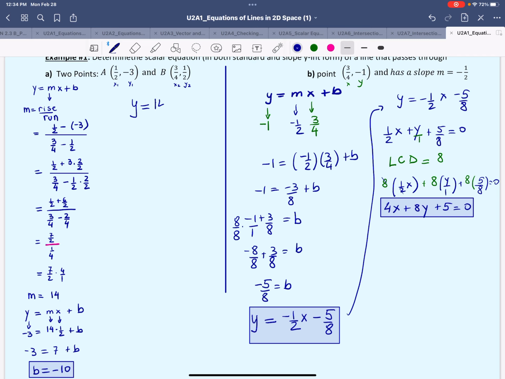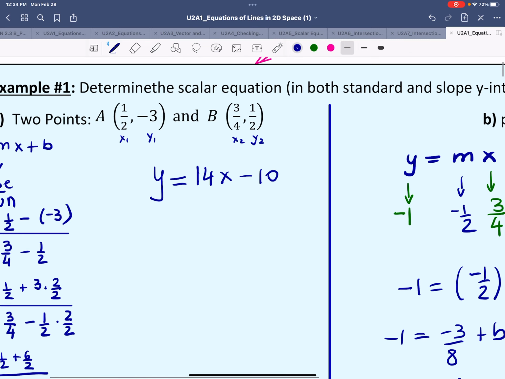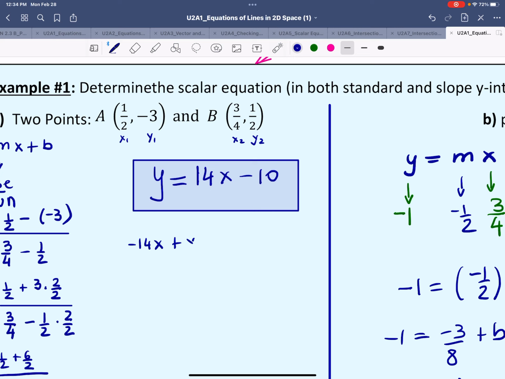which is 14x minus 10. Now that we know the slope y-intercept form, we can convert this to standard form. So this would be negative 14x plus y plus 10 equals 0. I'm taking all the terms to the left side of the equation. And now we have to make the leading coefficient, or the coefficient of x, positive, because that's a rule of standard form.